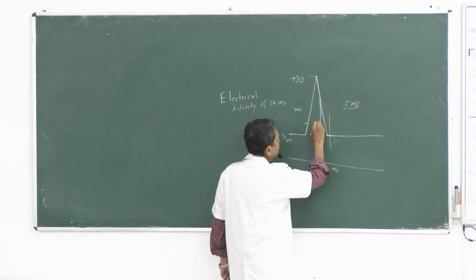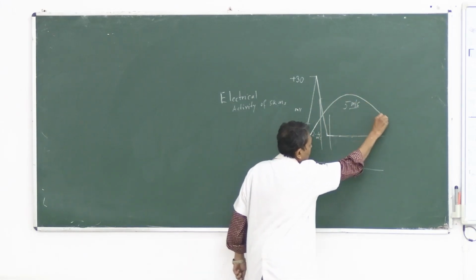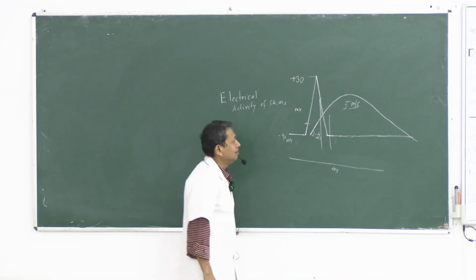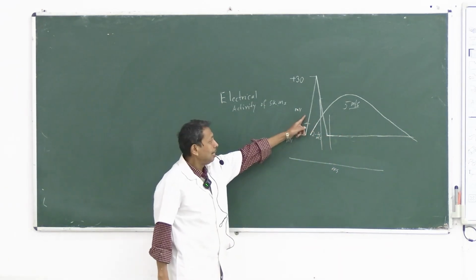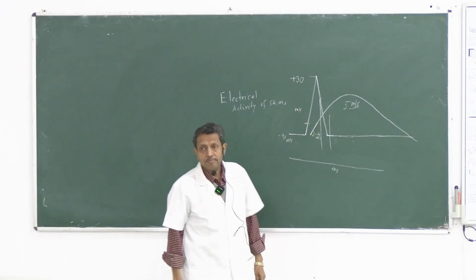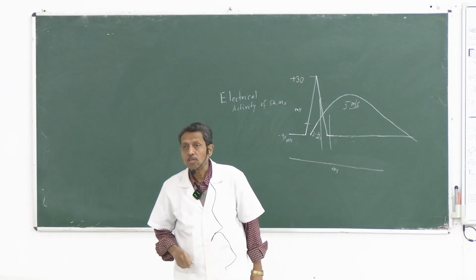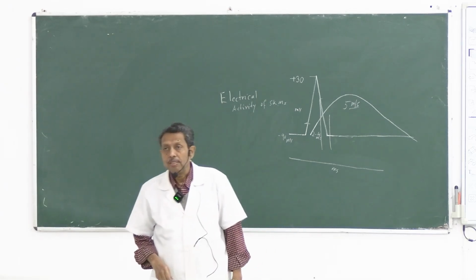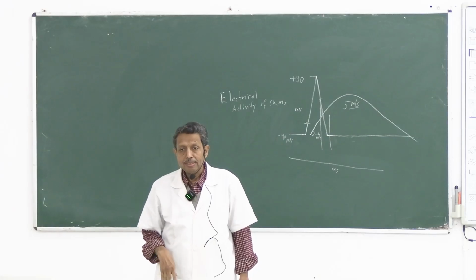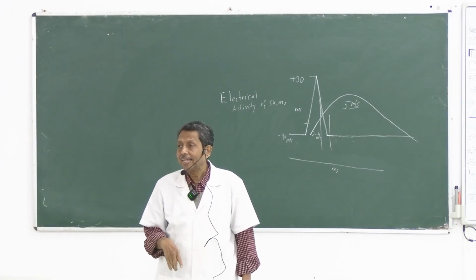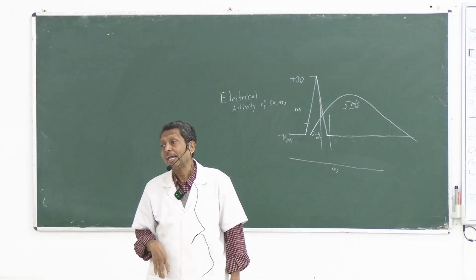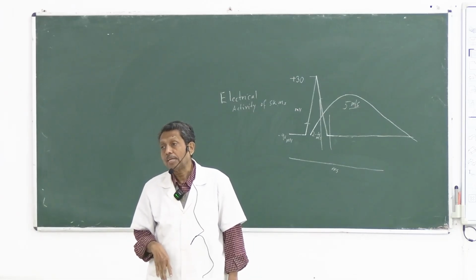Suppose this is the electrical effect, and this is the mechanical effect, the contraction of the muscle. Excitation-contraction coupling: lightning and thunder. Initially there is the electrical activity, and immediately following this is the mechanical action, that is, the contraction of the muscle.